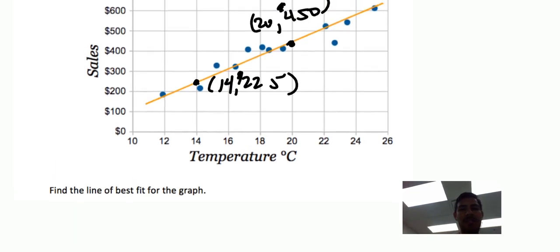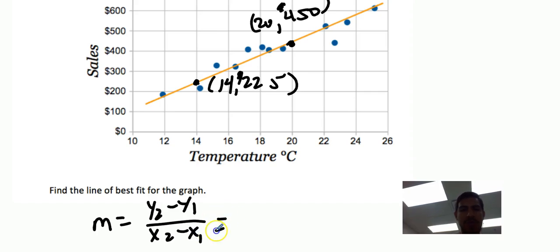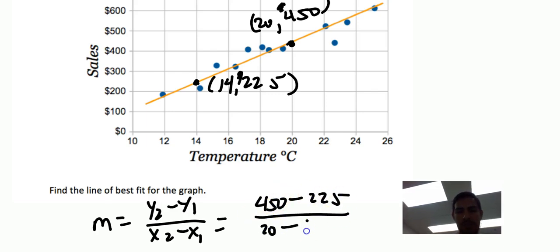So to find the line of best fit, we would have to do slope first, y2 minus y1 over x2 minus x1, which is equal to, again, 450 minus 225 over 20 minus 14.